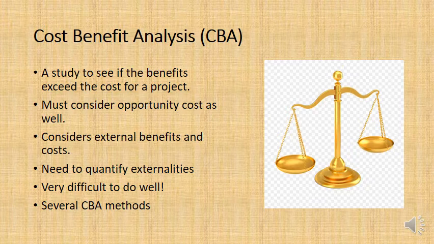Or they could build a new dam on the river. Now that's going to cost them a little bit more, probably $200 million, and it will provide 1 gigawatt of power. Well, there's more internal cost with the dam, but there's also the same internal benefit in terms of 1 gigawatt of power. But what you need to consider is the externalities.